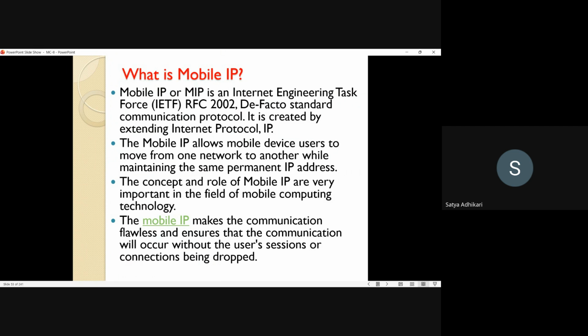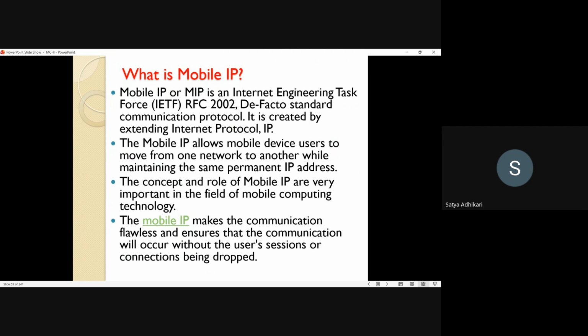Similarly, when you are using mobile data, mobile communication, the protocol which is required is known as mobile IP.